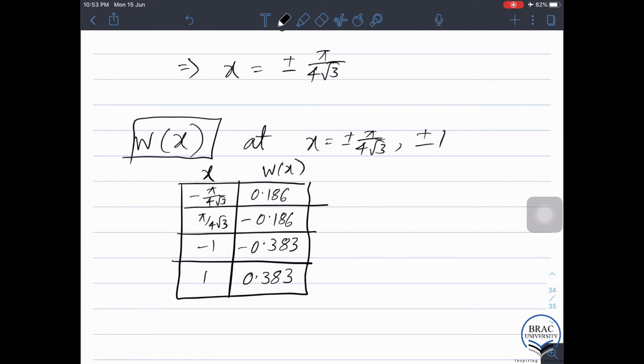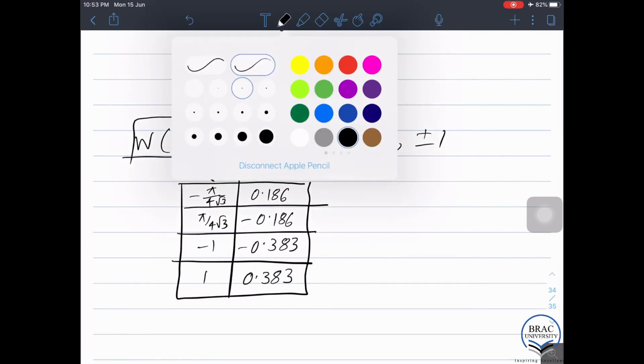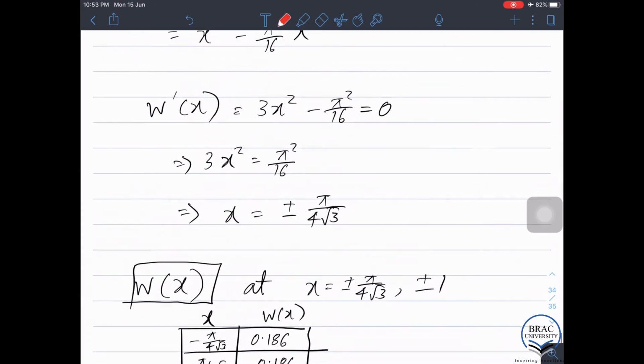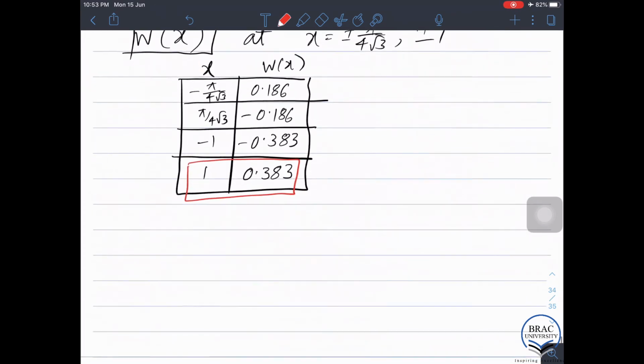Okay, so I can clearly see that the maximum value is at plus 1. So our example that we drew a few moments back was precisely saying this. All right, so we have found the maximum value of w.